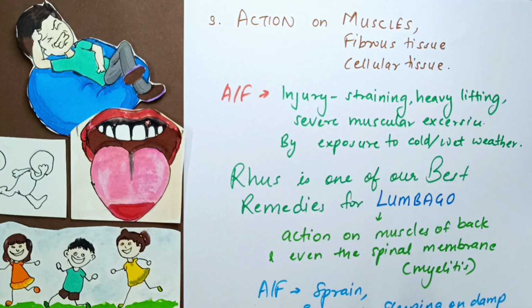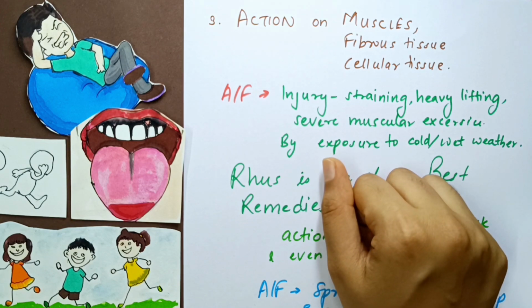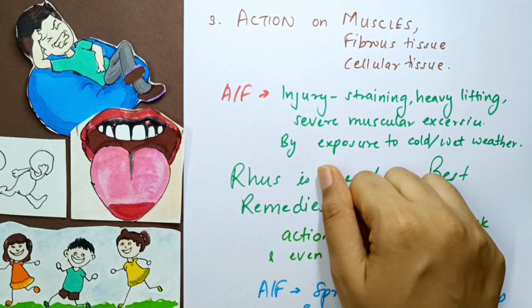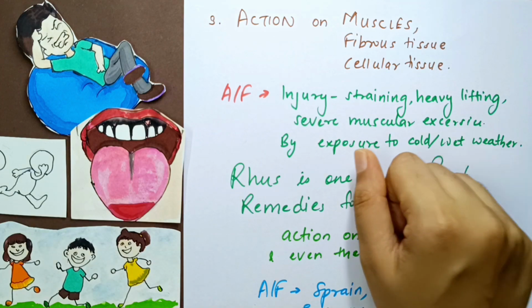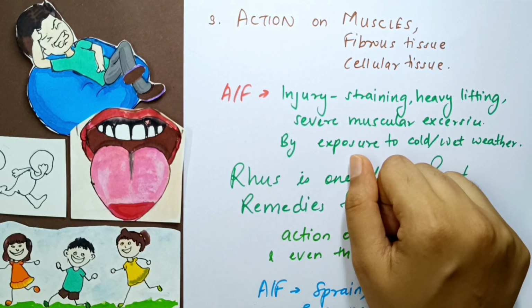You'll have back pain. If you have back pain after sleeping on the damp bed sheet, or you slept on the grass outside after it stopped raining, your back starts aching, you have to give Rhus Tox. Movement ameliorates, aggravation from rest, all of that is there.